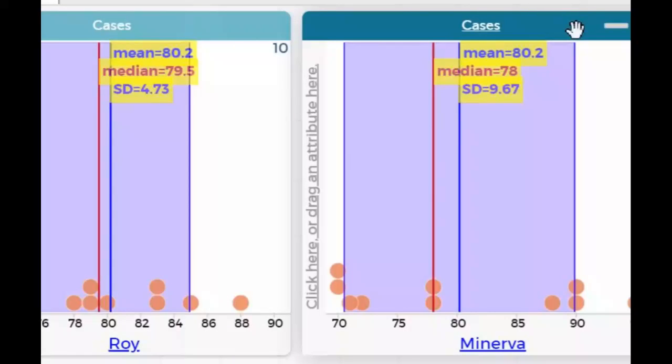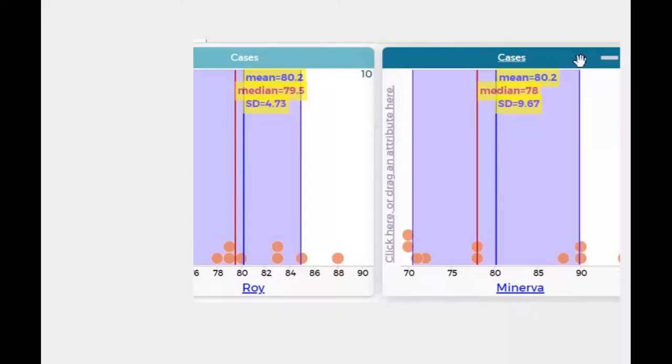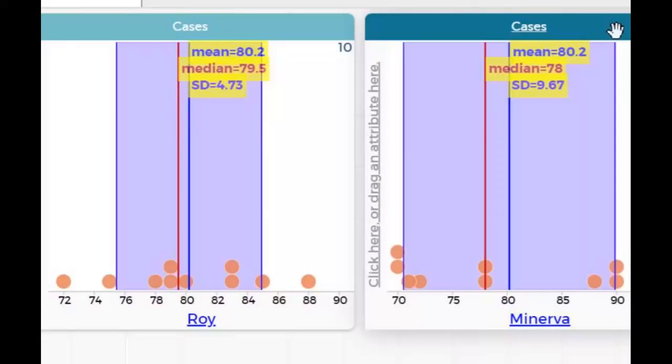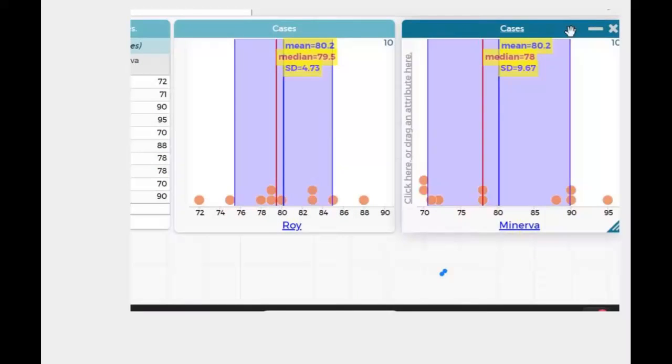The spread of the data. If you want to look at the better golfer, do you want your scores to be really spread out? Not usually. Roy's standard deviation is 4.73. It's almost half as much. So his scores are pretty clustered together.